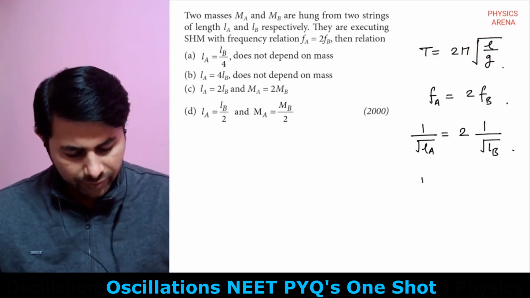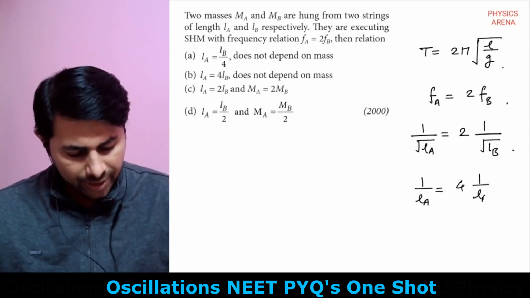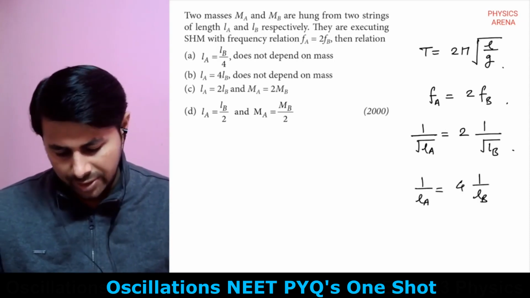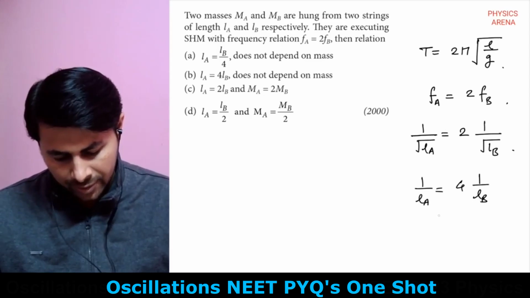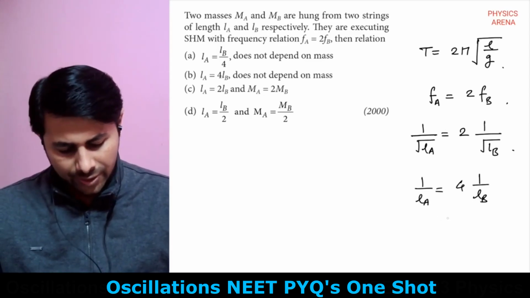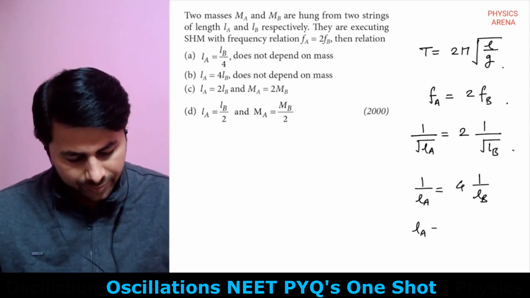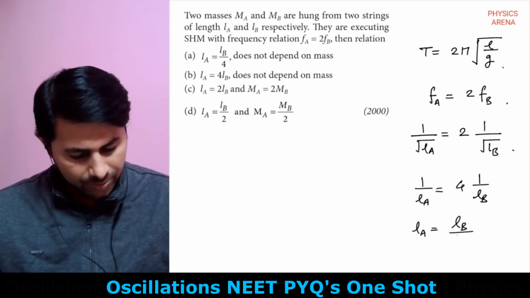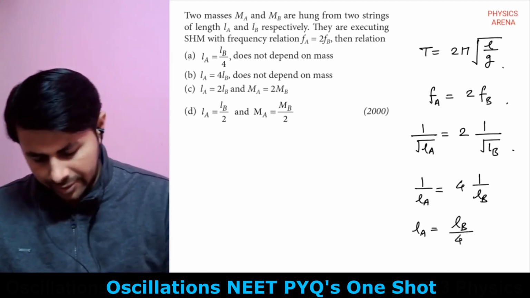You get 1 upon LA equals 4 times 1 upon LB, or LB equals 4 times LA, or LA equals LB upon 4, which is option A, right?